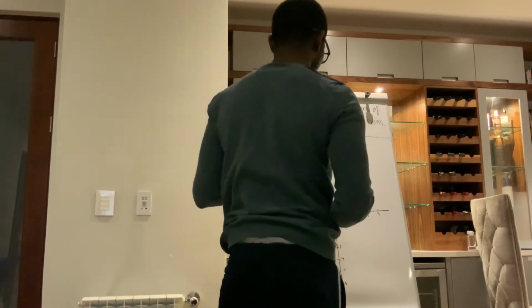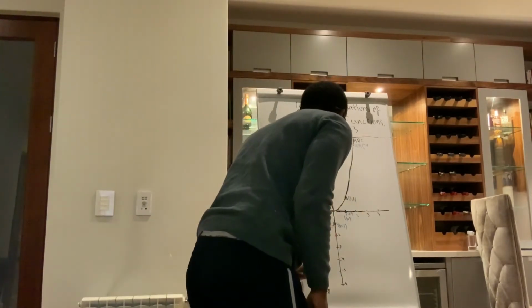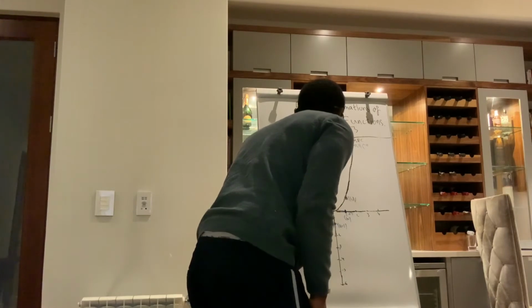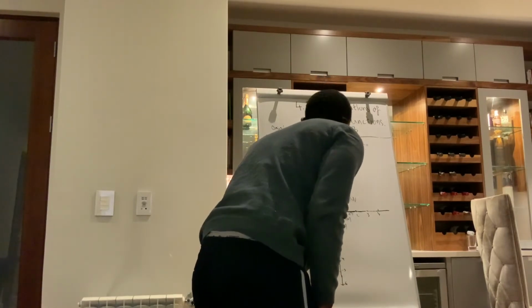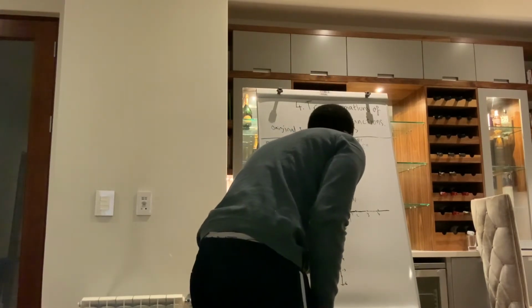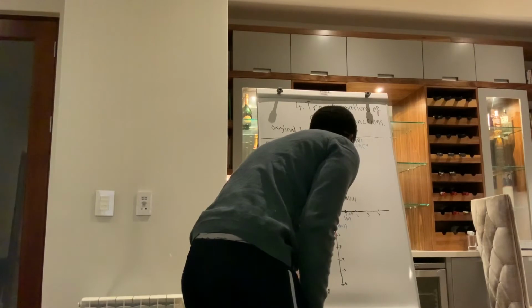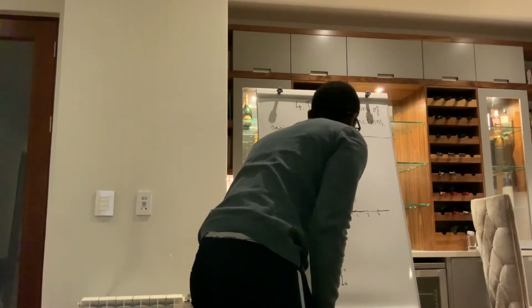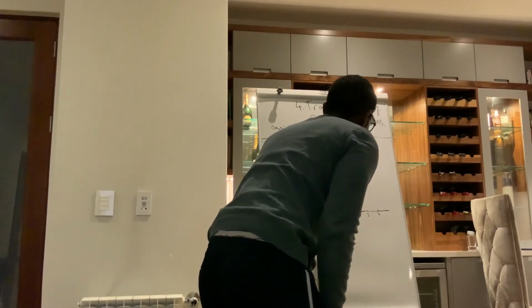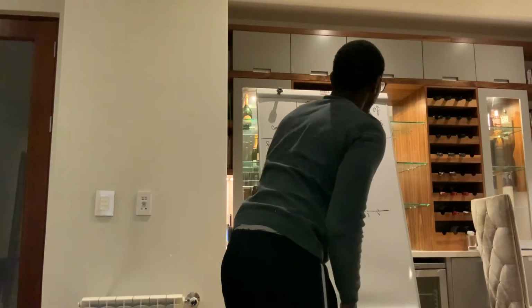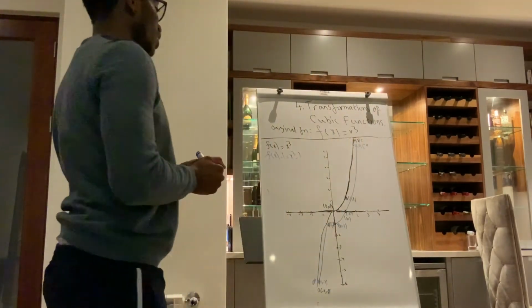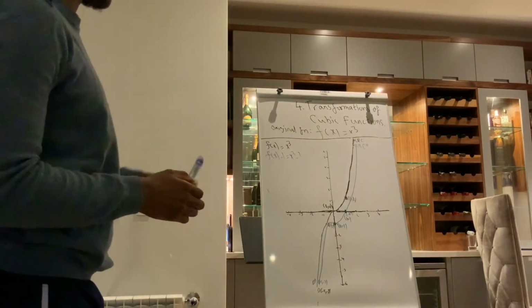Awesome. So what we'll find is that every point will have been brought down 1. So the graph is going to look like that, roughly. It's just a shift of the graph 1 point downwards.